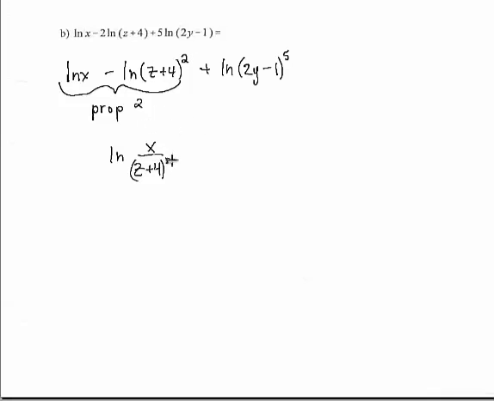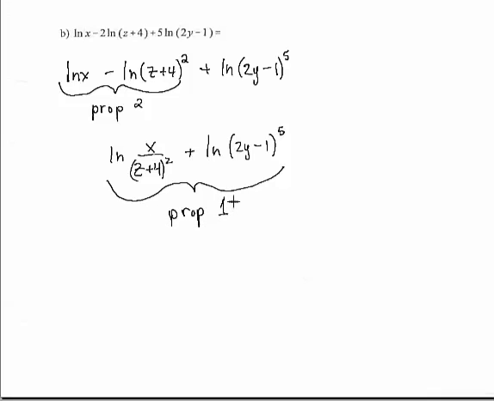It's important to realize that the exponent 2 applies to not just the z or the 4 separately, but to this entire expression z plus 4. Now after combining the first two into one, we're left with two log expressions, and they're separated with addition.